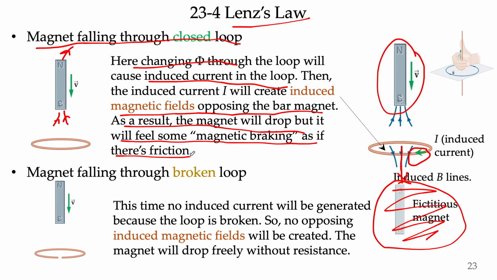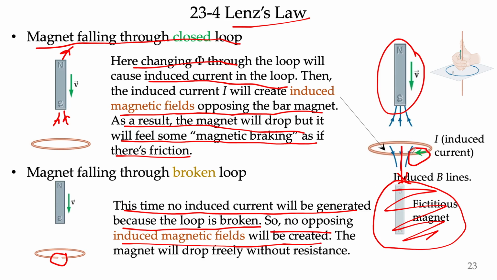Okay, what happens if I make the same experiment but with a broken wire? Now this time no induced current will be generated because the loop is broken. If the circuit is broken, you cannot have currents, right? So you have to have a closed circuit. So no opposing induced magnetic field lines will be created.